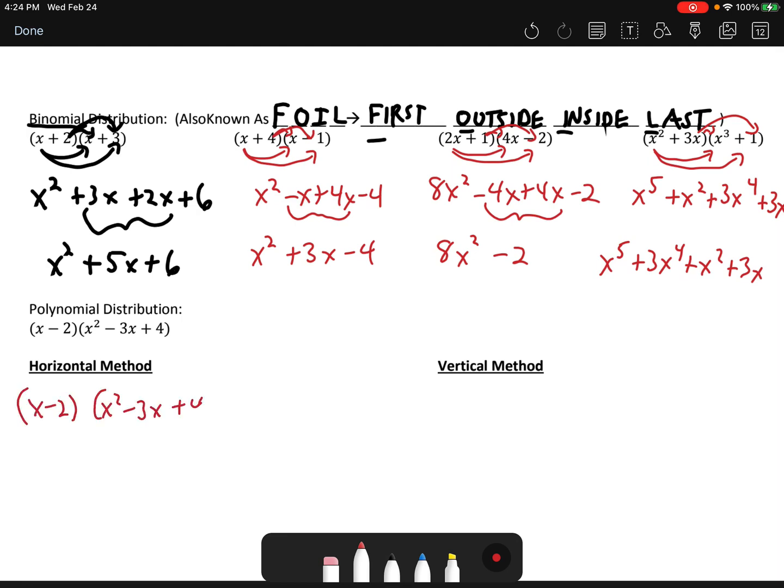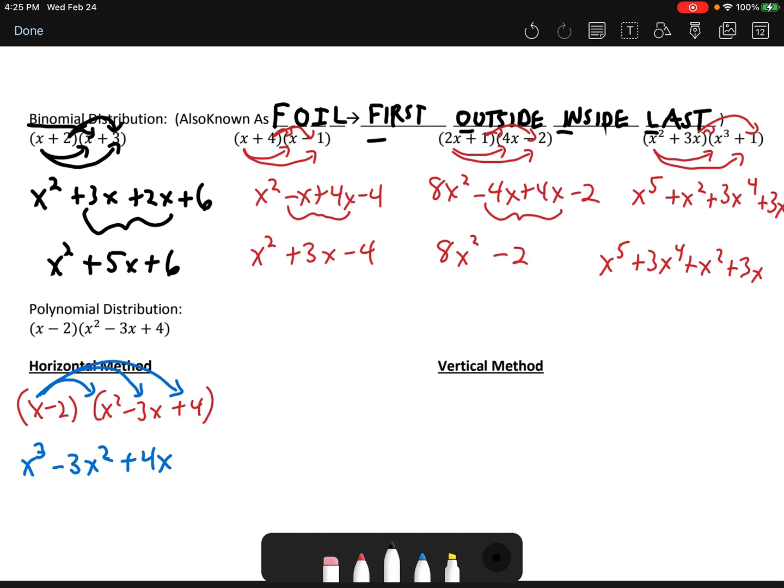What this means is instead of FOIL, we're just going to take each term and multiply it one at a time. So x times x squared is x cubed. X times negative 3x is negative 3x squared. Remember, we're adding the exponents. And x times 4 is 4x.